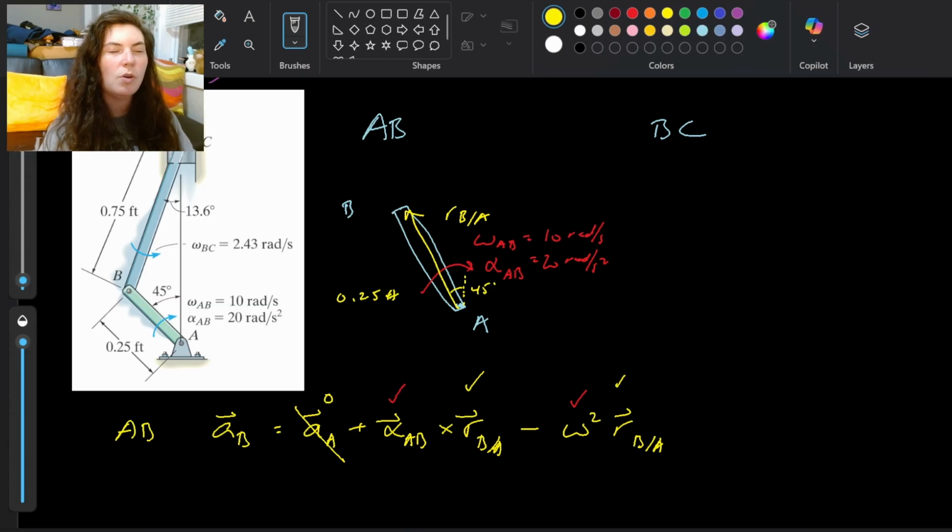Now, notice that we don't really know the direction of acceleration of B. We do know that the tangential component of the acceleration of B goes out this way in the same direction as rotation. So we're rotating clockwise in this case, so B is moving clockwise, like moving to the right tangentially.